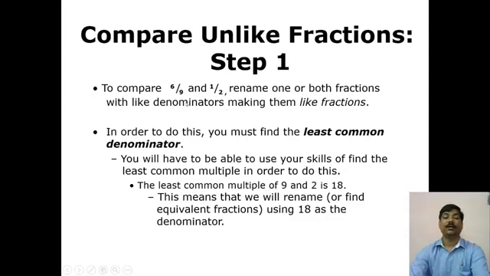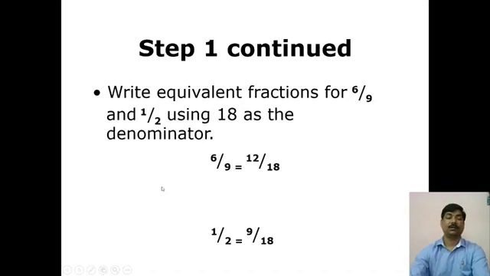So we convert these fractions into like fractions. As the LCM was 18, you have to make this denominator 18. So find the equivalent fraction of 6 upon 9 with denominator 18.